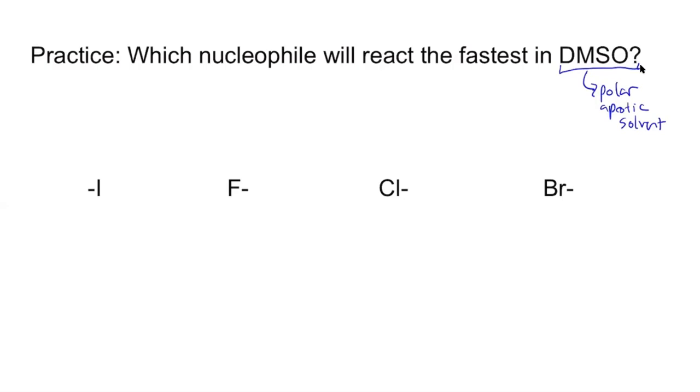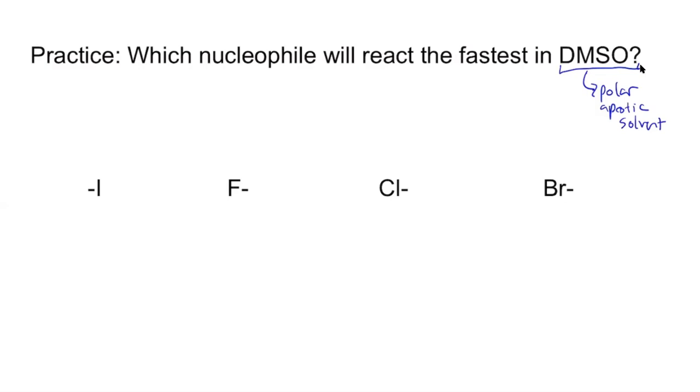Smaller? Yes, exactly. So it's interesting because the trend kind of flips, especially when we're comparing different halogens, because that's a great example of nucleophiles that are all different sizes. In polar aprotic, you want the smallest possible nucleophile because it can move the fastest, and it doesn't have any solvation to worry about.